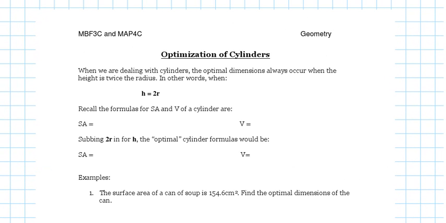So the second shape that we're going to talk about is the cylinder. When we're optimizing a rectangular prism, our shape is a cube. How about a cylinder? A cylinder has two circles and a rectangle, which is the lateral surface area.